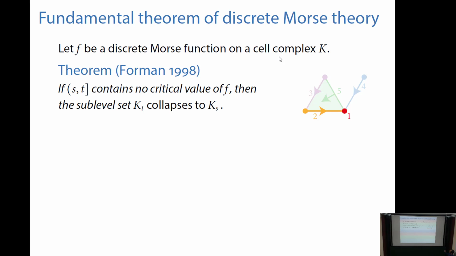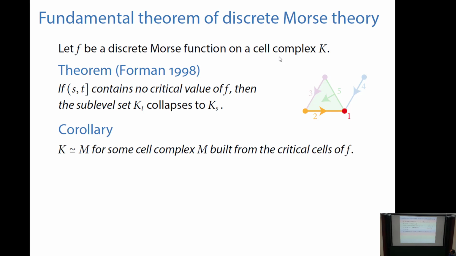This is the main theorem. As a result, you can express the homotopy type of a cell complex using a discrete Morse function or a gradient field. And you know that there is a smaller, sometimes much smaller, cell complex that's only built from the critical cells here.